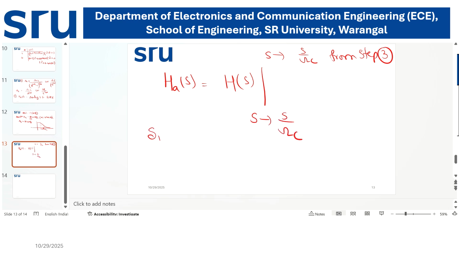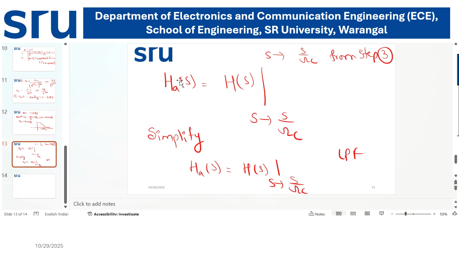Now simplify this expression after substituting s by omega c, and in terms of the coefficients, always write the coefficient of the s square term as 1. So that is our final low pass filter design.